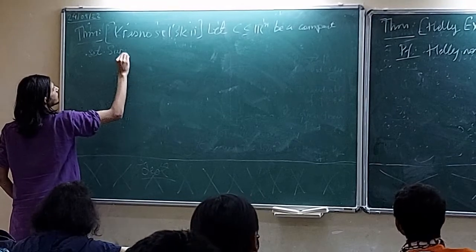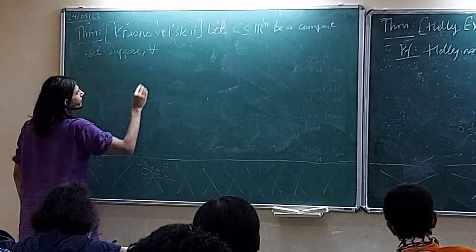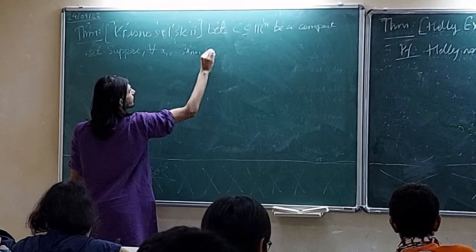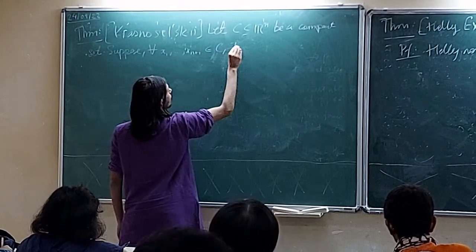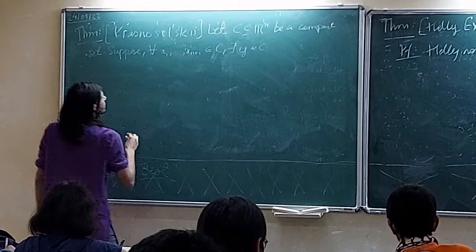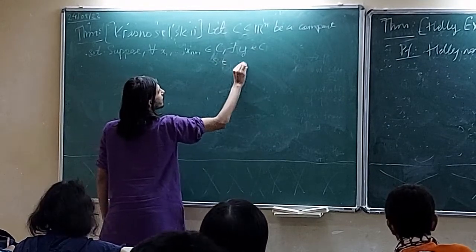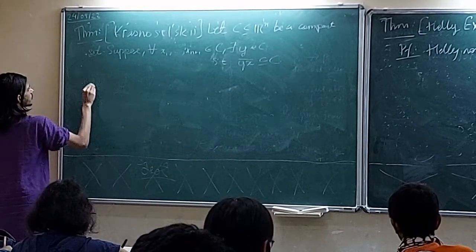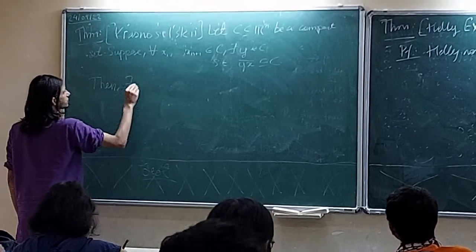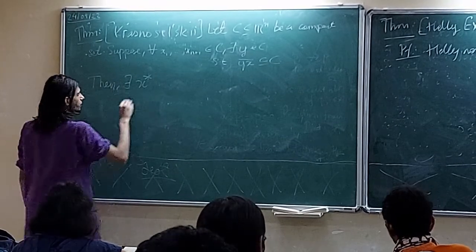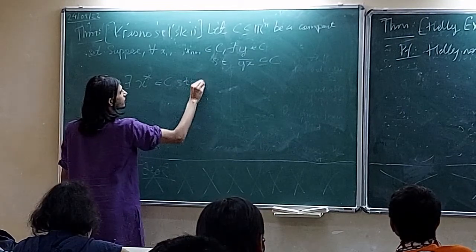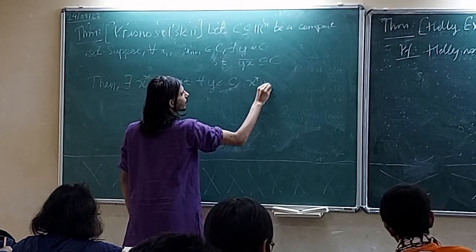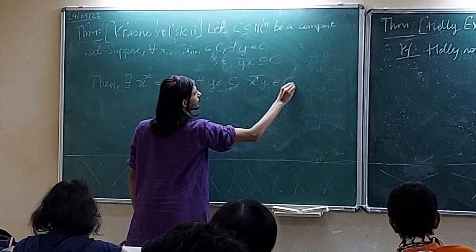Suppose for all choices of points x1, ..., xn plus 1 in C, there is a watchman y in C who can watch all of them, in the sense that the line segments joining y and xi are contained entirely in C. Then there exists a single watchman located at a position x star such that for all y in C, the segment x star y is in C. Remarkable.